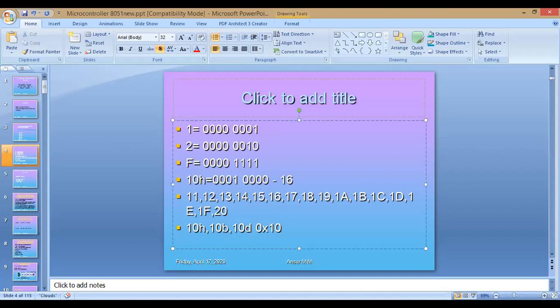So 0x01 means hexadecimal 1. 0xf means that number is a hexadecimal number. It is more comfortable for representing a number in programming. So you use the 0x method for writing hexadecimal numbers.